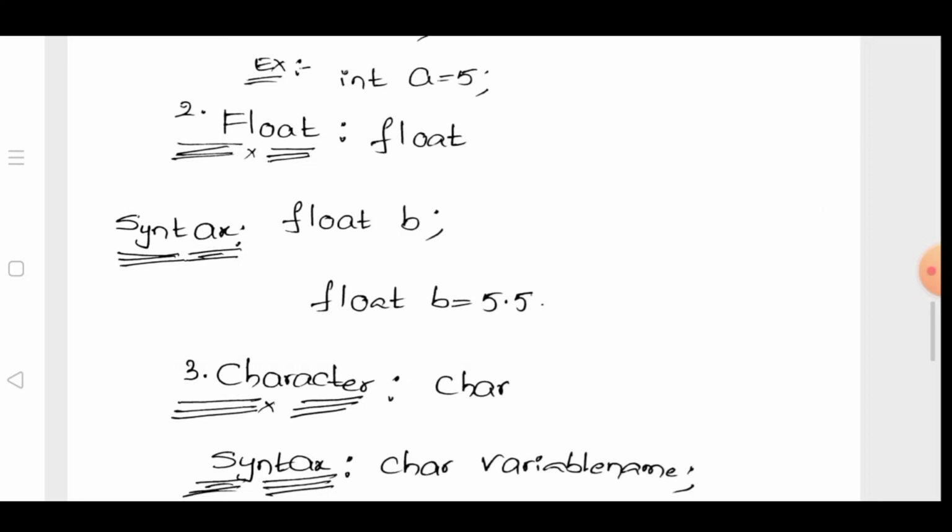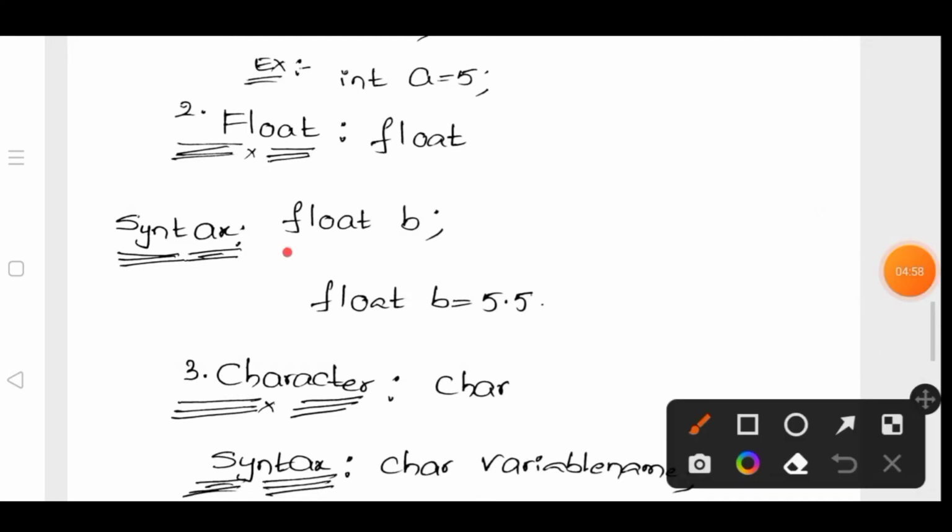So here in a float I want to store a number with a decimal value also. In that situation you have to take the primitive data type float. So for the syntax, you have to give a keyword, that is float.